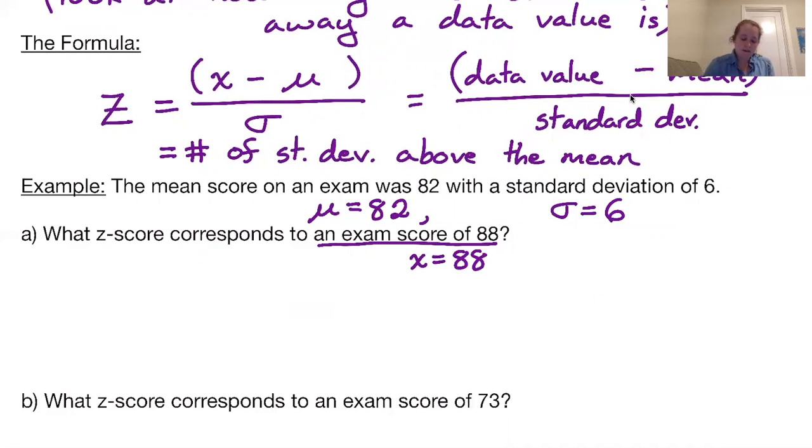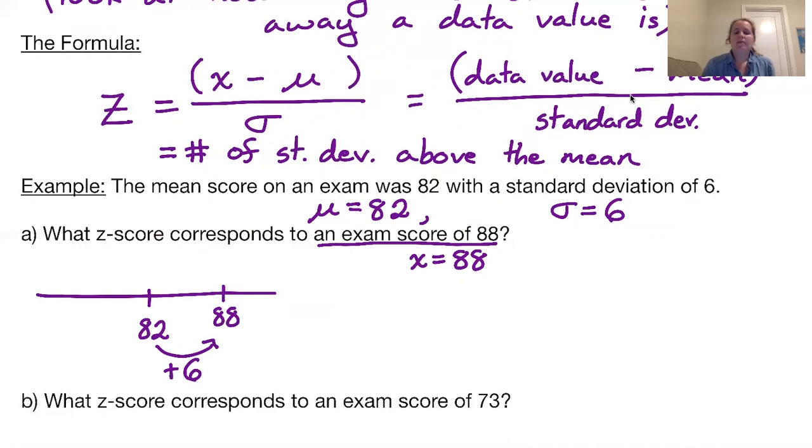If we looked at a number line, the mean is 82. And if we go up by one copy of the standard deviation, one copy of 6, that would put us right at 88. So 88 is one hop above the mean, one complete standard deviation above the mean. So we would expect a z-score of 1.